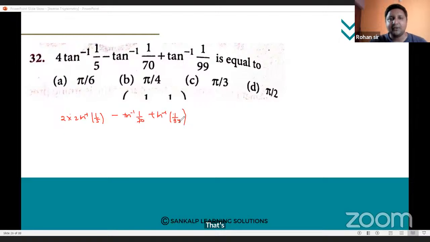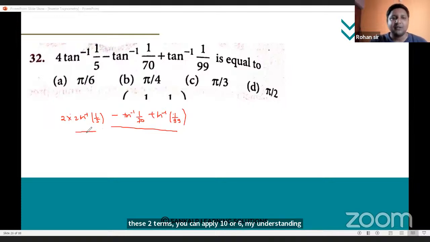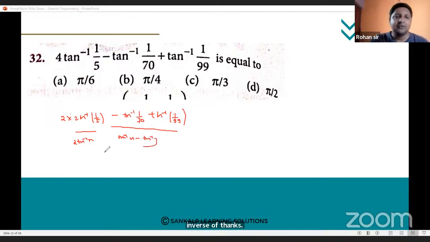For these two terms you can apply the tan inverse x minus tan inverse y formula, and here we can make use of the 2 tan inverse x formula. If you make use of these results, now you will get the value. So simplify it. On simplifying, the answer will be equal to pi by 4.